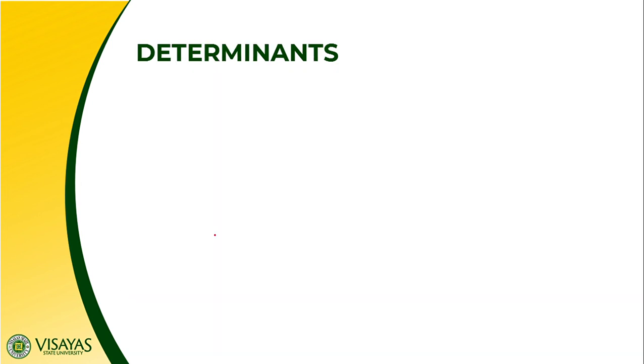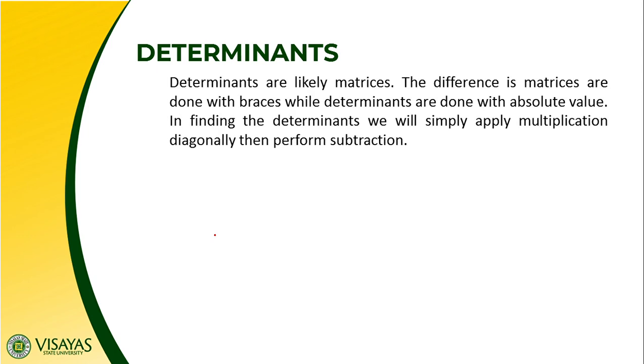Next, we have determinants. So for determinants, here we will be finding the determinants of a 2 by 2 and a 3 by 3 matrix. But first, let us review what determinants are. So determinants are like matrices. However, if matrices are written with braces, determinants are written with absolute value bars.